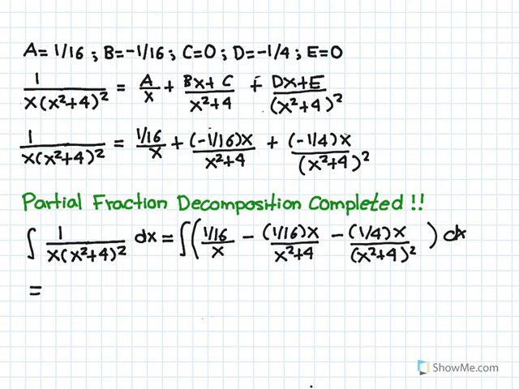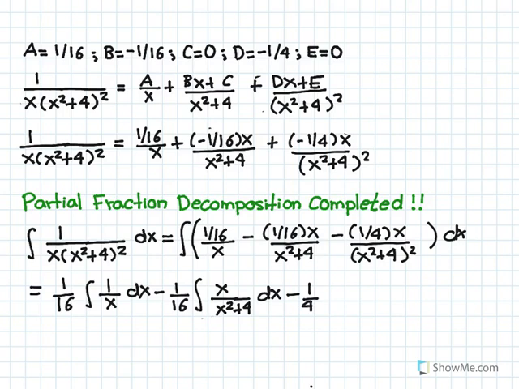So we simplify a little bit, makes it easy to integrate term by term. We have 1 over 16 integral 1 over x dx minus 1 over 16 integral x over x squared plus 4 dx minus 1/4 integral x divided by x squared plus 4 all squared dx.